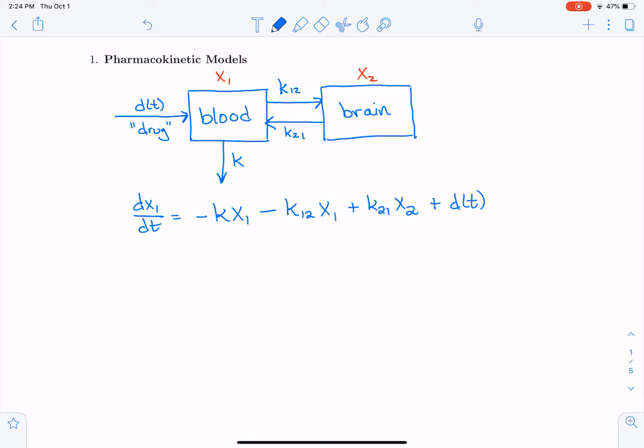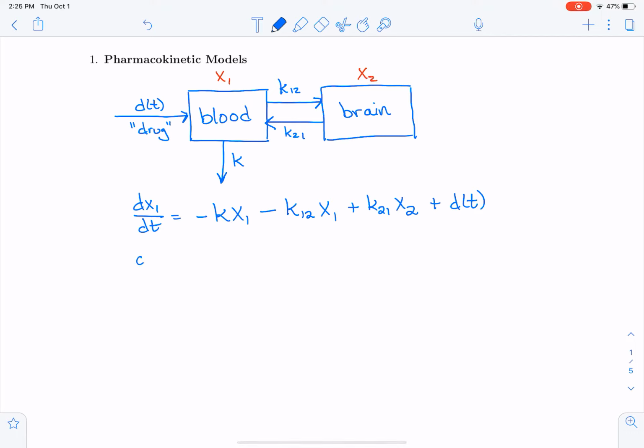And so what you have here is, for each arrow designating where the drug is flowing into the compartment X1, you have a rate of proportionality that is proportional to X1 in most of those cases. And then finally, you have the drug just being introduced independently of how much is already in the bloodstream.